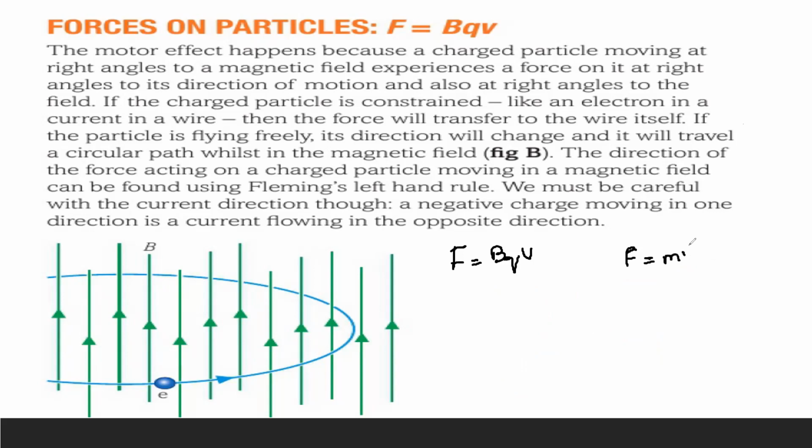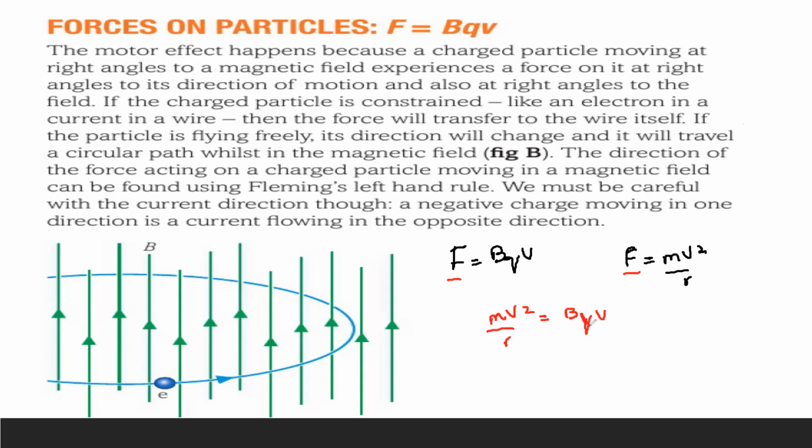Centripetal force is mv squared over r. When an object moves in a circular path, the force causing the circular motion is a centripetal force, and in this example, the magnetic force is the centripetal force. So we can compare the two values. So we can say mv squared over r equals BQV.